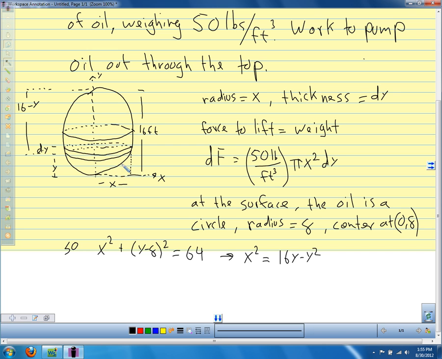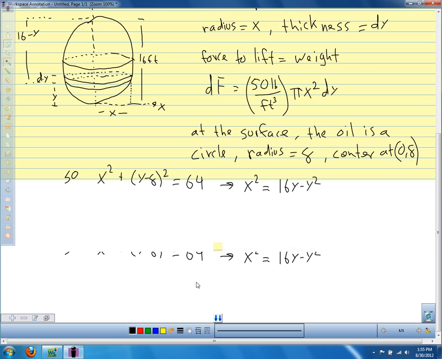The distance the disk of liquid moves is 16 minus y. So our small increment of work, dW, is going to be dF, our force, times 16 minus y.